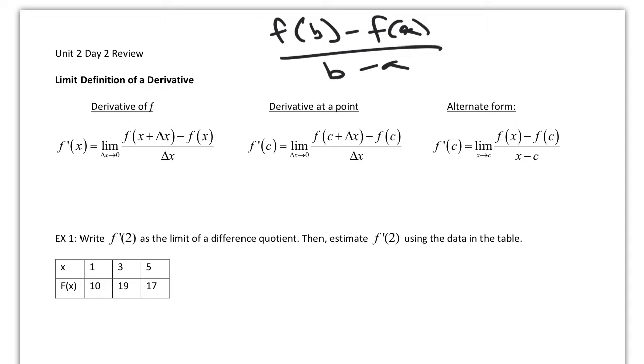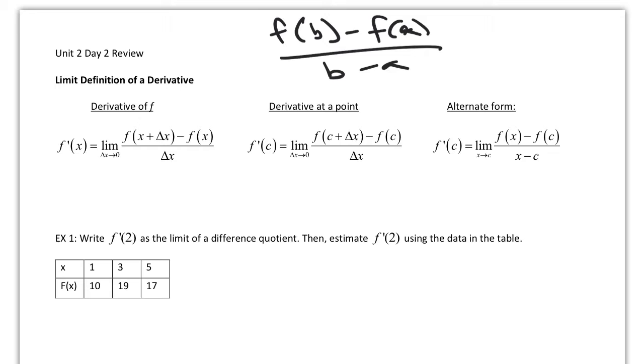So let's do a couple examples here. The reason it's good to know these is they're going to show up most likely on the AP test in some form. That might be recognizing a limit that's given to you is in the form of the definition of a derivative, or it might be creating a limit to be a definition of a derivative.